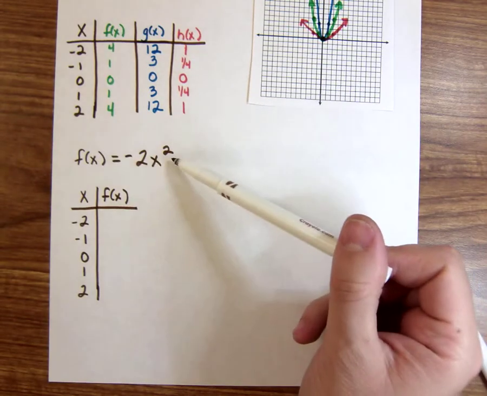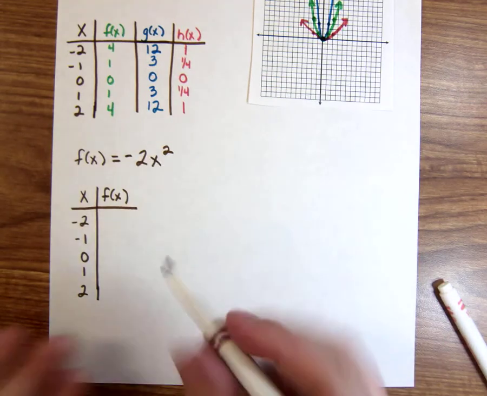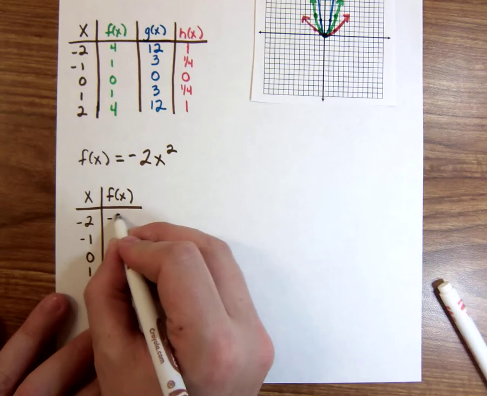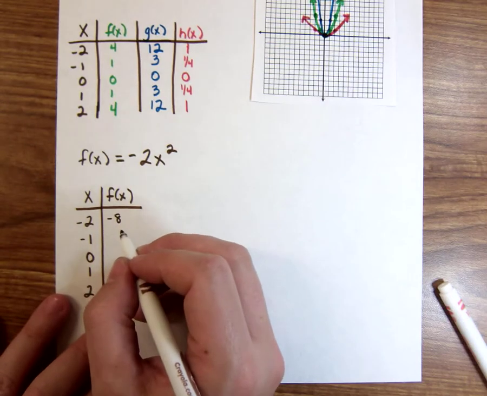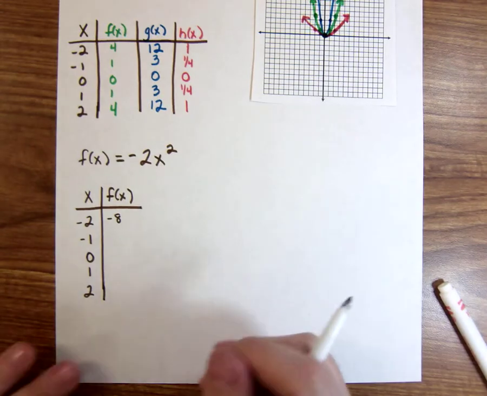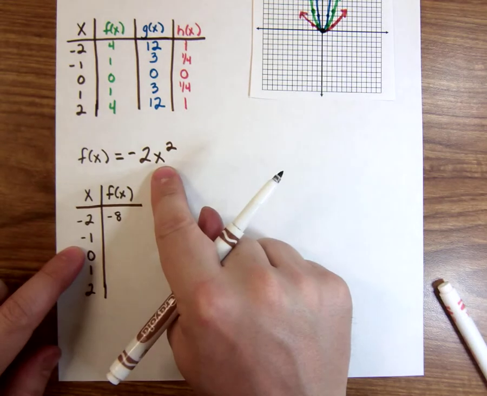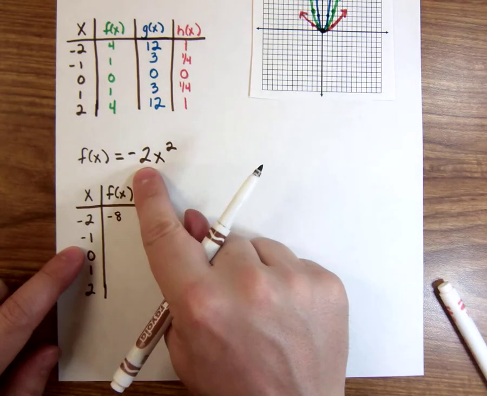So x squared, negative 2 squared is 4, and 4 times negative 2. Oh, I did it without my little number thing. Without your little number thing, it's called a calculator. If you don't know the name of it, you can't use it. Negative 1 squared is 1, times negative 2.